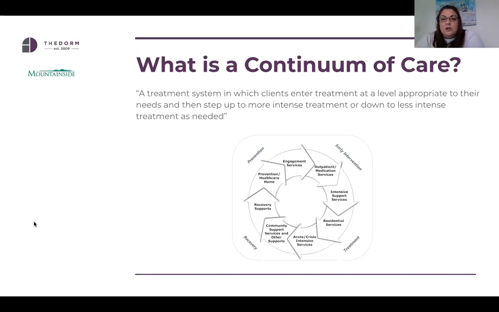If you look at their visual, I prefer this visual because to me, continuum of care is not necessarily linear. As the definition states, people can come and go into more intense, less intense as appropriate. There are different stages surrounding the continuum depending on where a client is in their stages of change. Stages of change is very important when reflecting on continuum of care and how it relates to the client's experience in treatment.